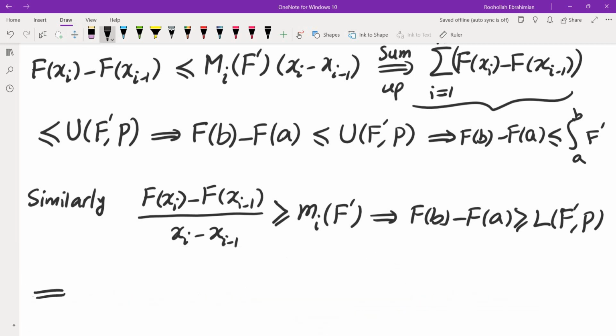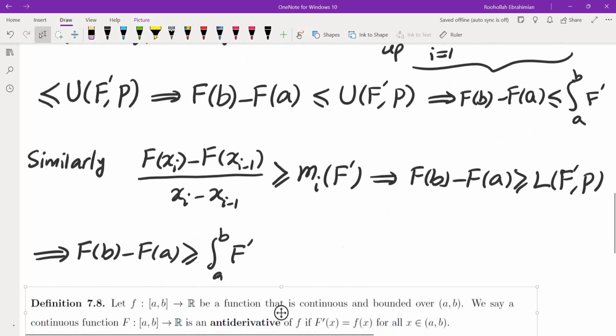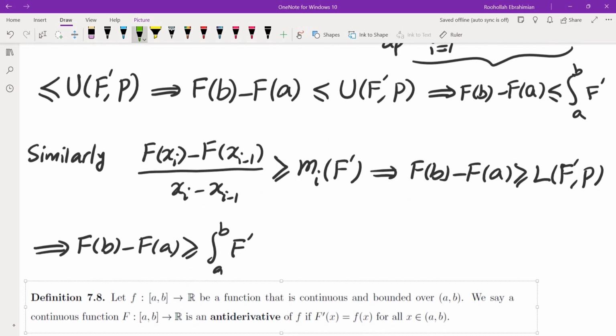Again, notice that the supremum of the lower sums is the integral. So this gives you f of b minus f of a is greater than or equal to the integral from a to b of f prime. So the integral of f prime from a to b is greater than or equal to f of b minus f of a.